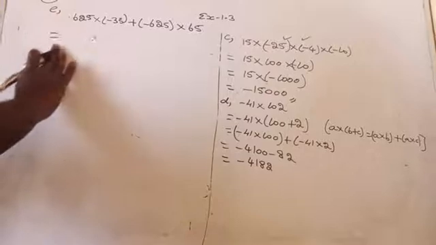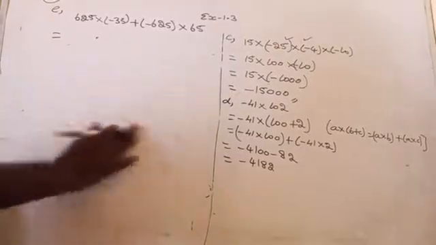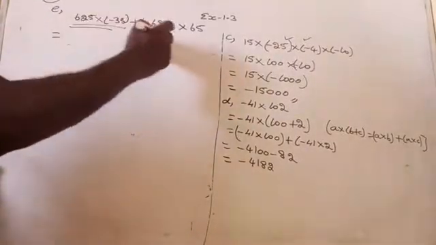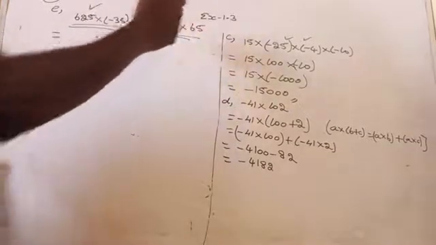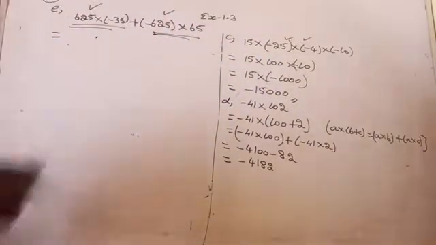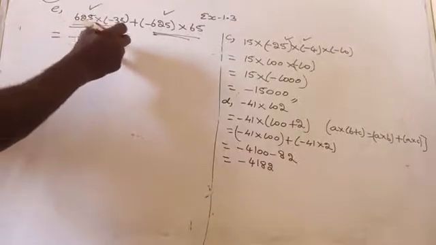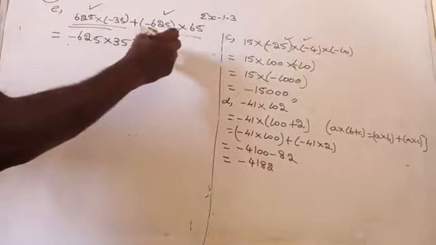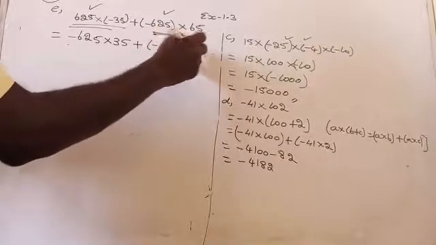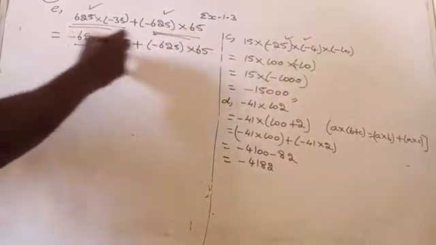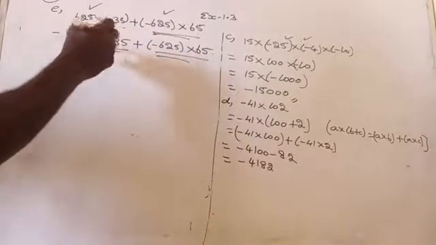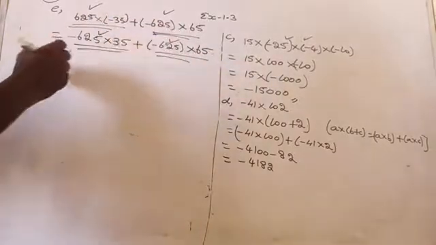Now take 625 common outside. In these two terms 625 is common. Otherwise, plus into minus is minus, so minus 625 into 35 plus minus 625 into 65. Now in these two terms minus 625 is common, so take minus 625 common outside.